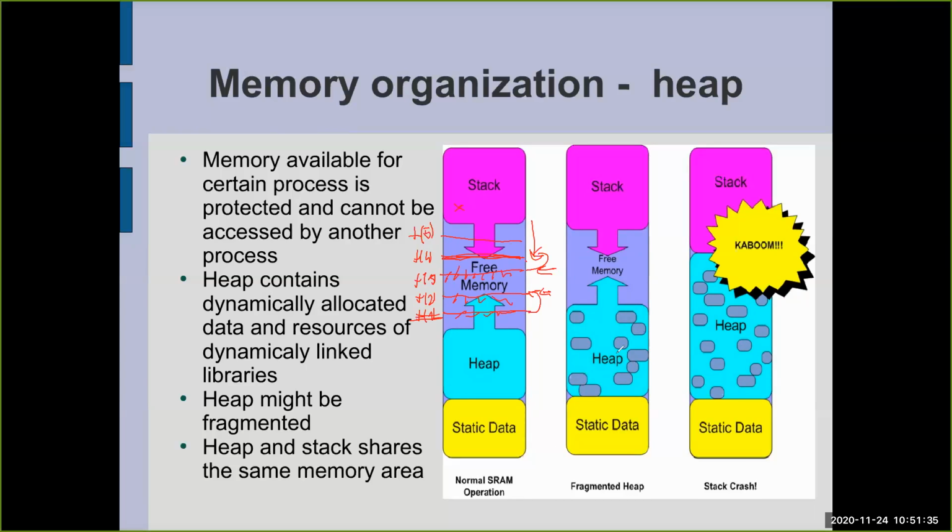Now I have the heap. On the heap, I allocate memory for variables dynamically. In this case, I can allocate memory for a particular variable and for another variable. Let's say that this variable was allocated as the first one.